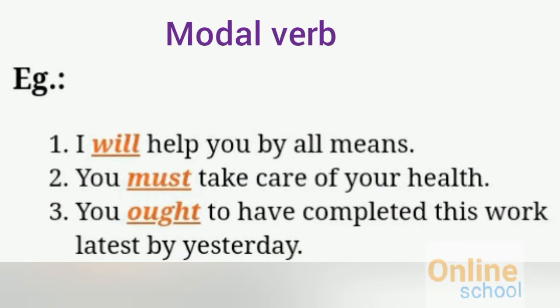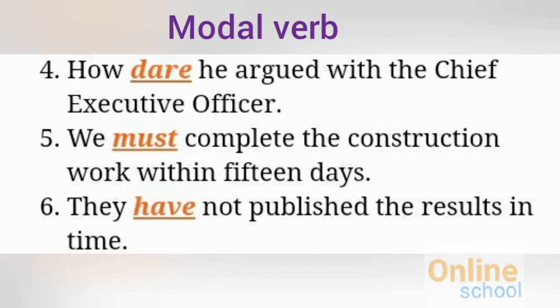In the example sentences, number 1, I will help you by all means. Number 2, you must take care of your health. Number 3, you ought to have completed this work latest by yesterday. Number 4, how dare he argue with the chief executive officer.